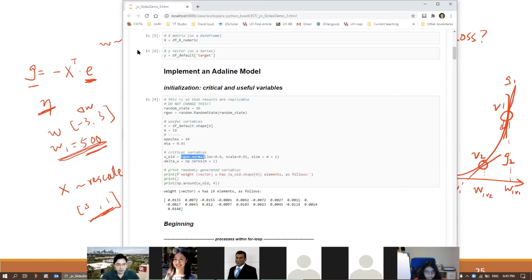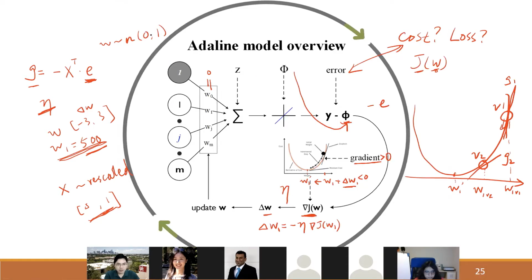So in order to get very small weights, we modify the standard normal distribution. We draw from a very tiny normal distribution. This is -1, this is +1. It's very close to 0, so that you get very, very small weights.